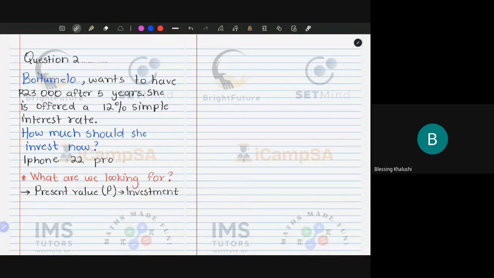Anyone else who's thinking otherwise? What are we looking for? Can I rectify? We are looking for the principal amount, not present value. Okay. Yeah. Same thing. Is it the same? What is the difference between the two?